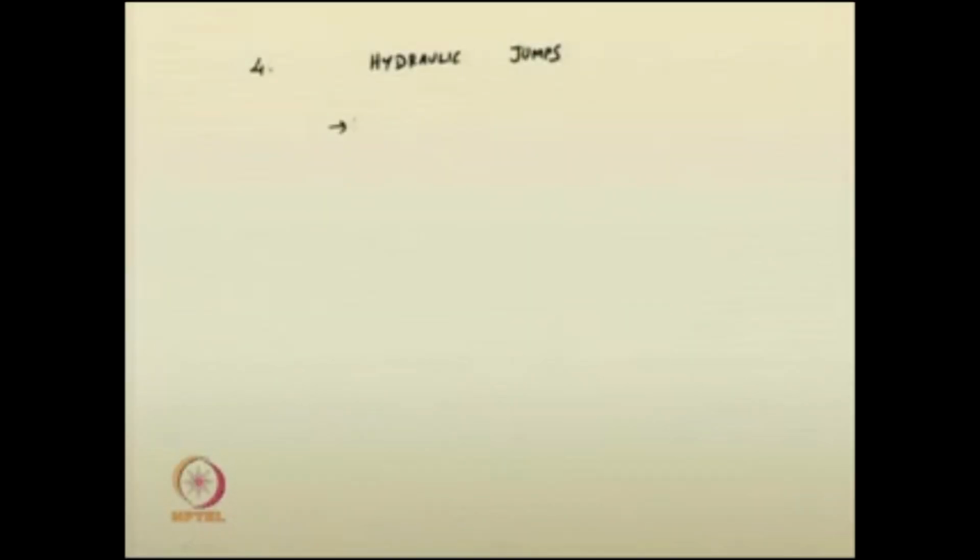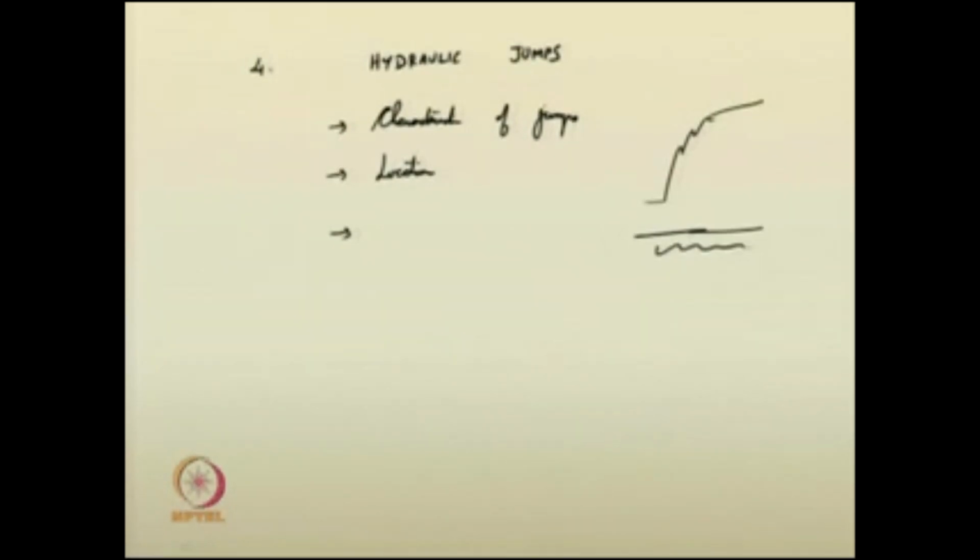What is meant by hydraulic jump, what are the basic characteristics, all these things were dealt at that time, right. Characteristics of jumps, then location. So, it is a type of rapidly varied flow, if you recall, we were having jump profiles in this form, right.